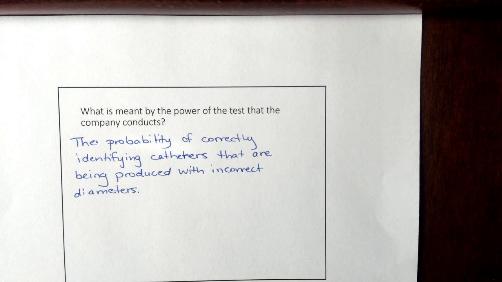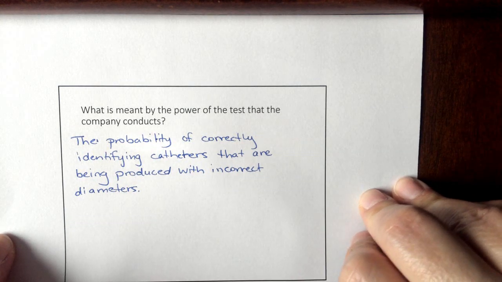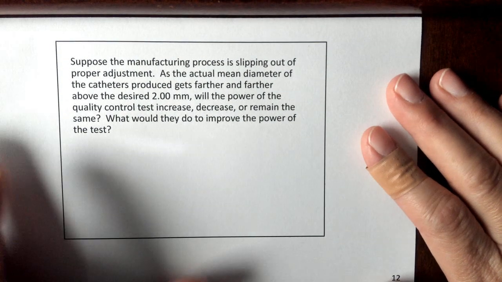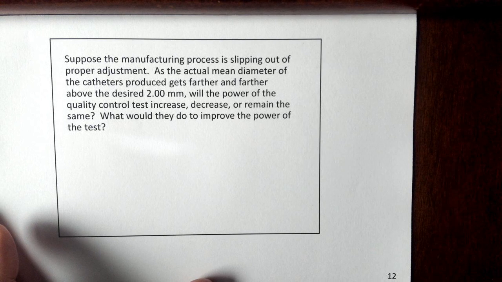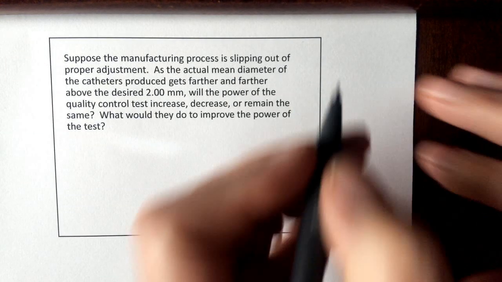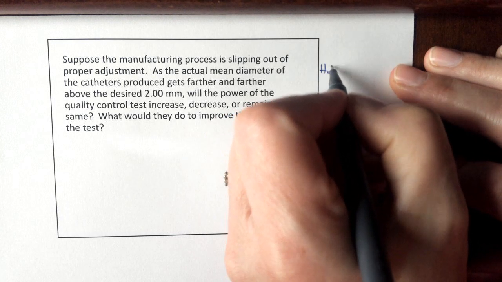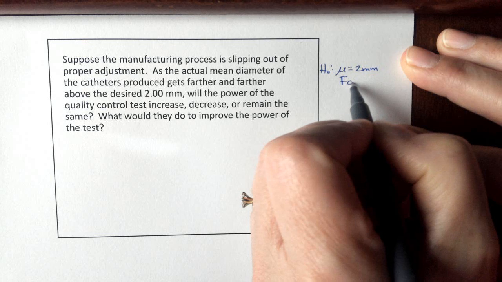Okay, so short answers, just reviewing all these big concepts, good to keep those fresh. So one more question about this, and then we will move into a full-fledged hypothesis test, and that will finish this section. Suppose the manufacturing process is slipping out of proper adjustment, which means that null of 2 millimeters being the truth is false.